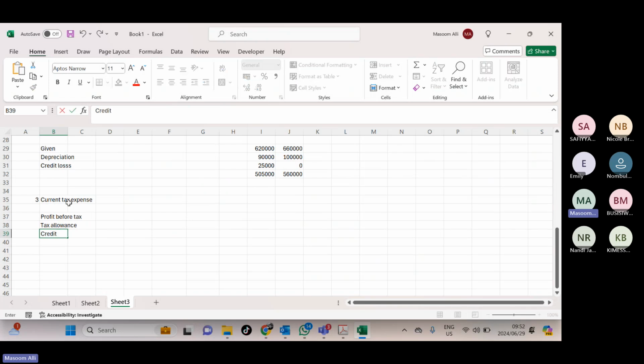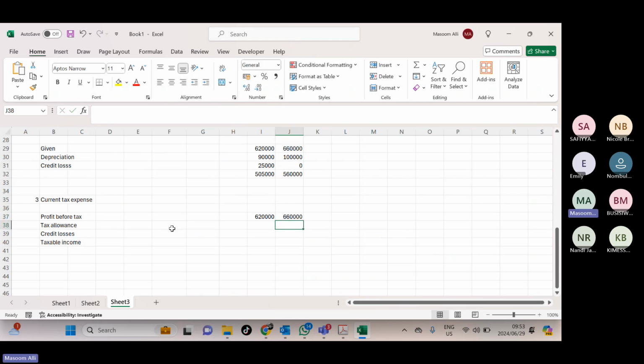Then we'd say credit losses for that. And then we'd say taxable income, right? So we'd start off with this again. Say it's equal to this, and then say this is equal to this.